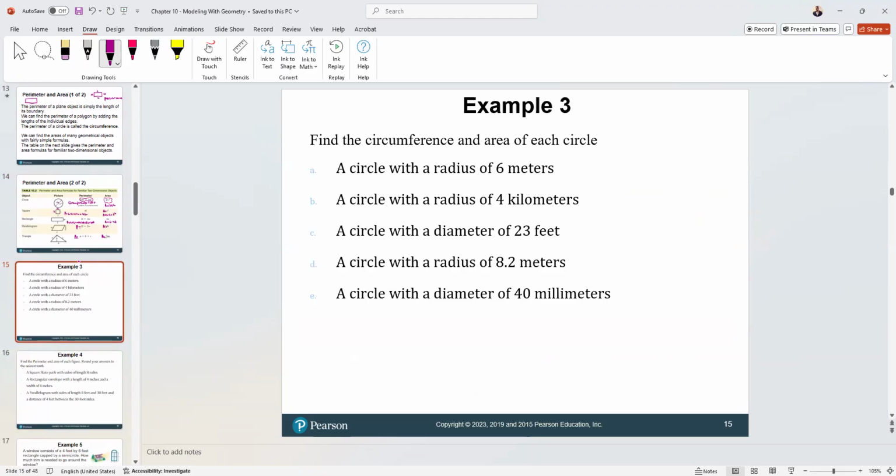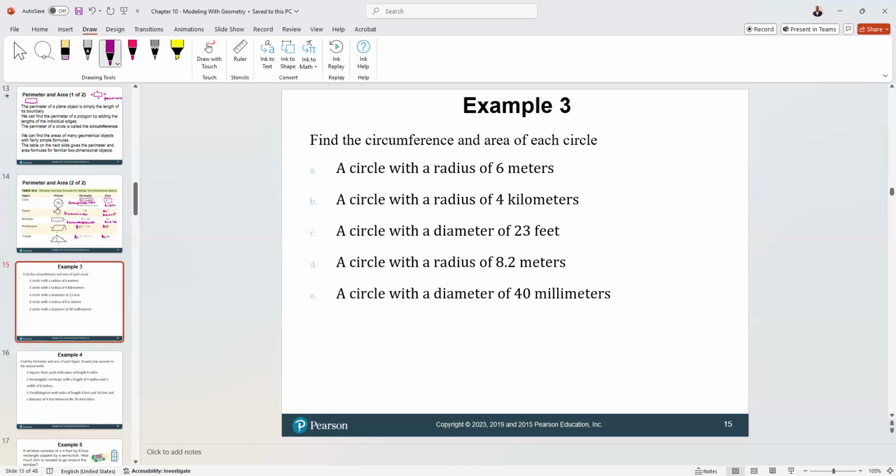Let's go over one or two examples very quickly. In these examples they ask us to find the circumference and the area of each circle. Oh, those are all about circles. I thought we had some other ones, but we're going to do only circles in this case.